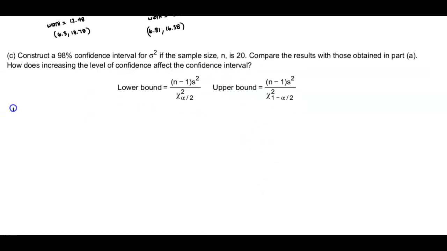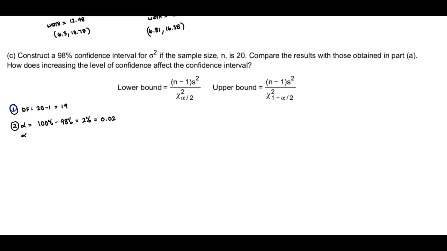Alright, so the first thing we want to do is find the degrees of freedom. We know that degrees of freedom is going to be 20 minus 1, which is equal to 19. Then we have to determine alpha. Alpha is going to be 100% minus 98%, which is 2%, or 0.02.